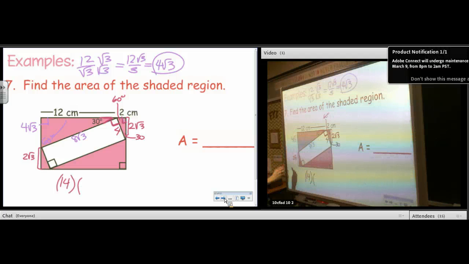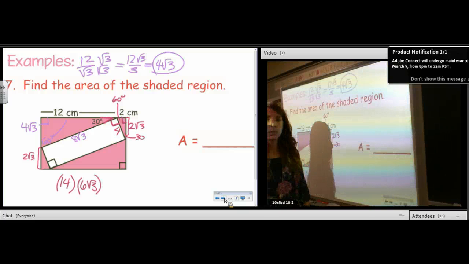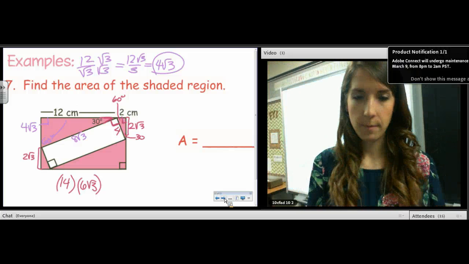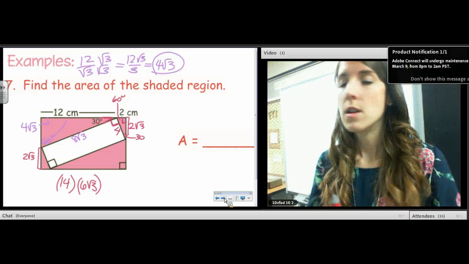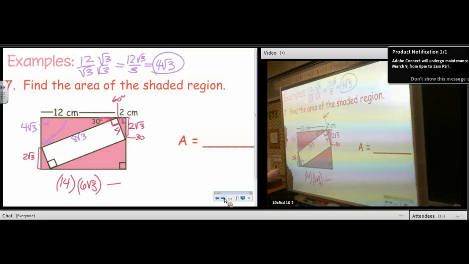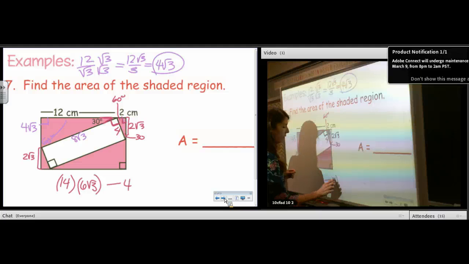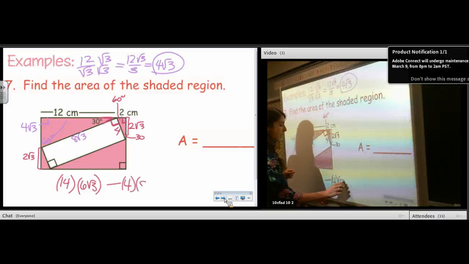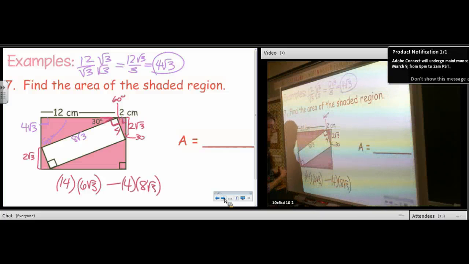Length times width, the width is 6 root 3. So there's the area of the whole rectangle. Length times width, base times height. Now let's do the area of the white rectangle. Minus the area of the white rectangle would be 4, the length, times 8 root 3, the width.